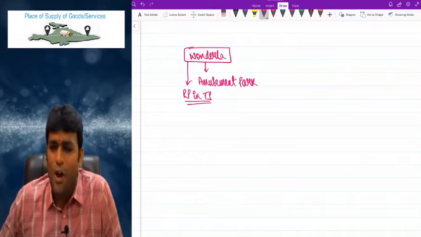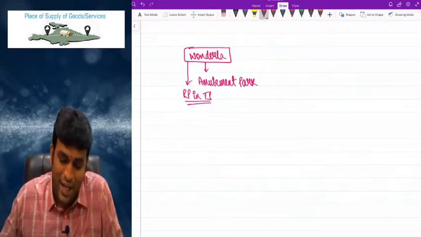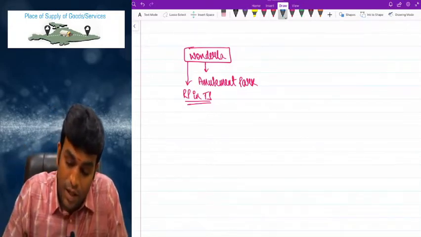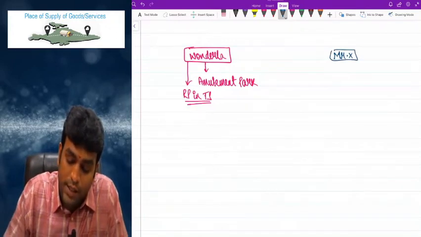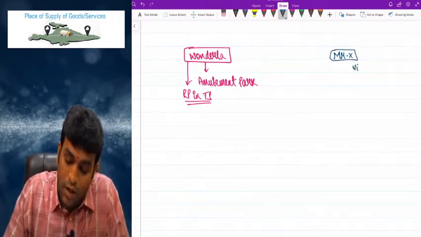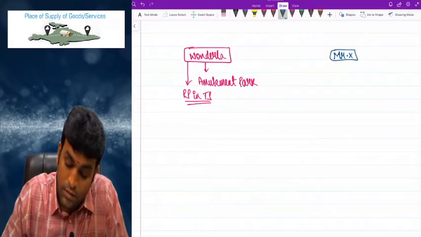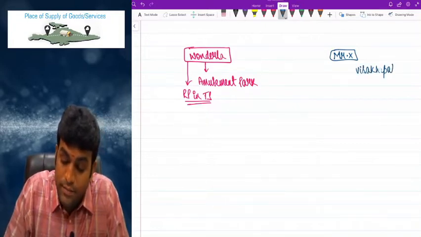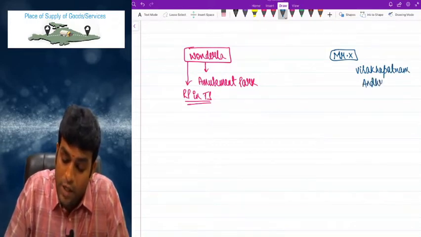Now keeping that story aside, Wonderla is an amusement park which is a registered person in Telangana state, registered because Wonderla will pay GST. Clear, right? No doubt. Then on the other side, there is one person called Mr. X who belongs to Visakhapatnam, a place in Andhra Pradesh.